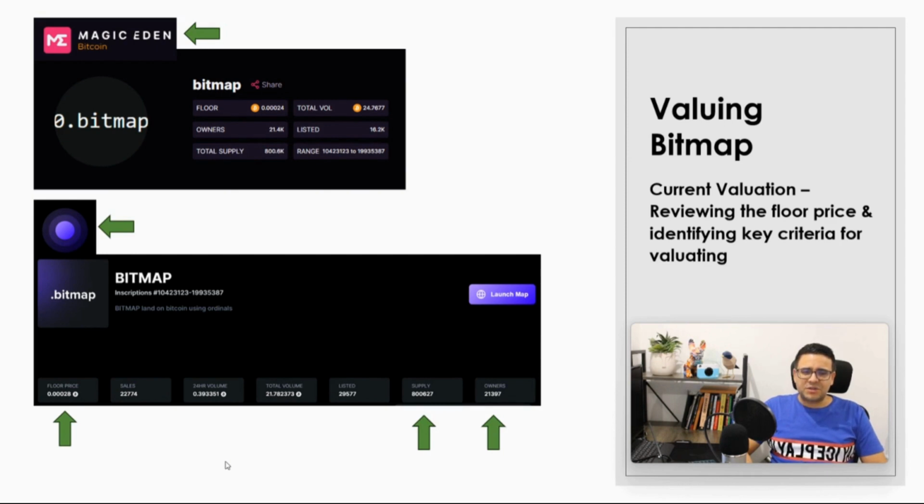I also tried to see if there were any models out there that I could use to evaluate an asset class that is this early, when there really isn't a project that's been fully built on it just yet. It's still an idea. It's ultimately a standard for something that we don't know quite yet what it's going to become. Of course, we believe it's going to be this amazing metaverse project, but that's obviously still yet to come.